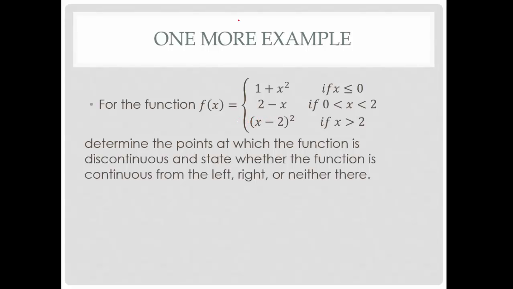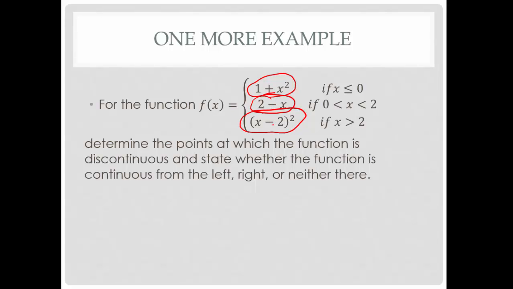If you look at each piece of this piecewise function, this one's a quadratic, this one's linear, this one's a quadratic. So each piece is a polynomial. And remember that the domain of polynomials is all real numbers. So I don't have any places where I'm going to have domain issues for each piece.